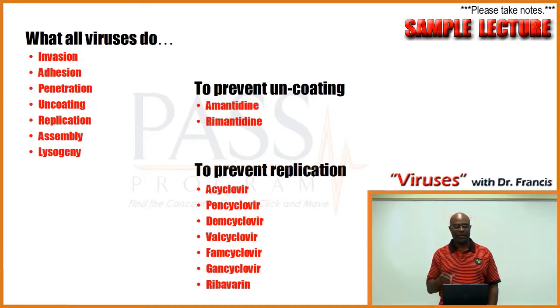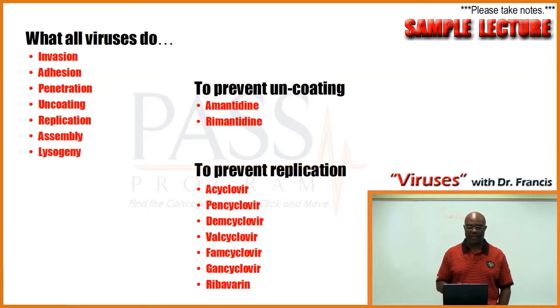Third and fourth action, though, are seen with amantadine. Amantadine promotes the release of dopamine and then blocks MAO from breaking down the dopamine, which is why amantadine is used as one of the drugs to treat Parkinson's disease, as we talked about in neurology. So amantadine, rimantadine are the 2 drugs available on the market to prevent uncoating.